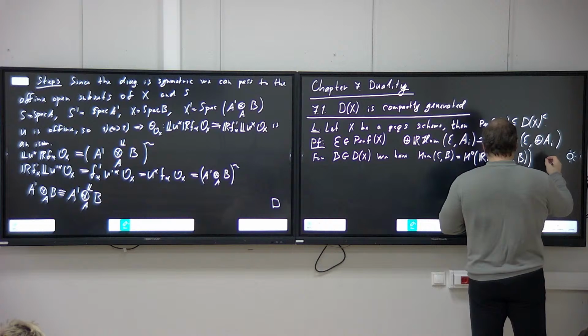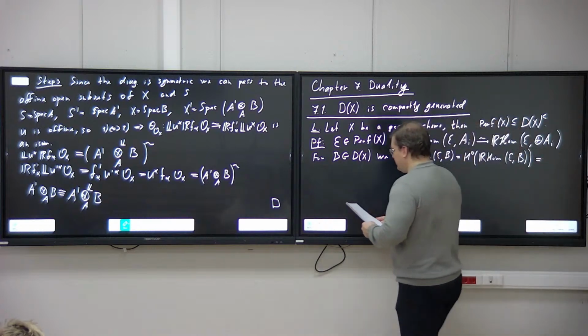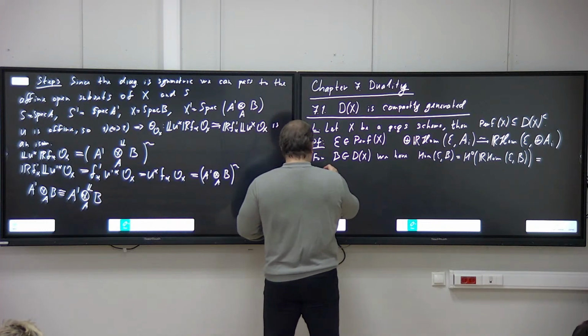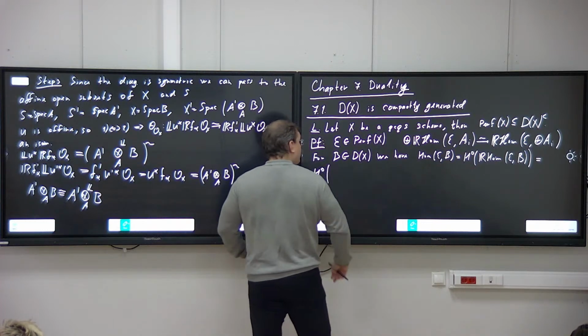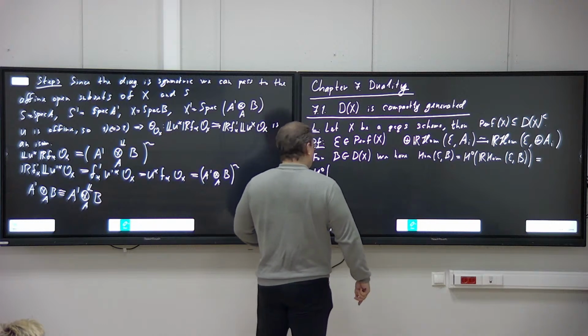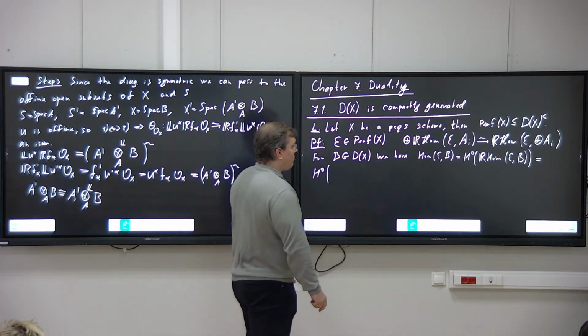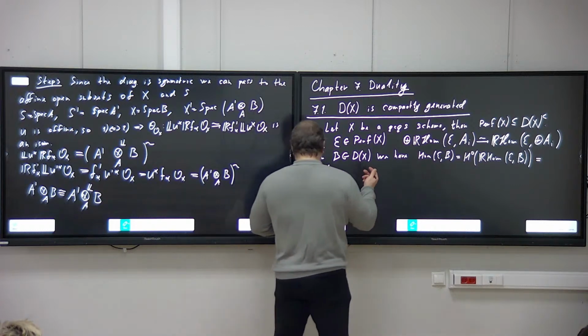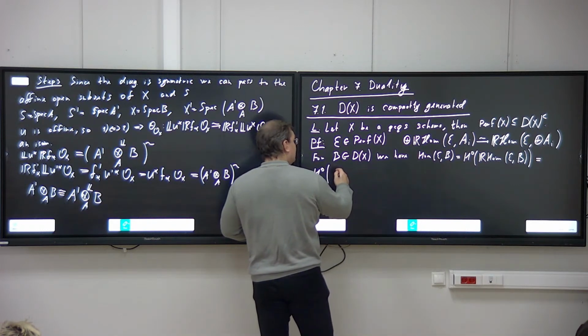Also, I can rewrite this as H0, still the same H0, of the RHom, since I know that the global Hom is the composition of the functor Gamma and the local Hom, and the derived functor of a composition is the composition of derived functors.